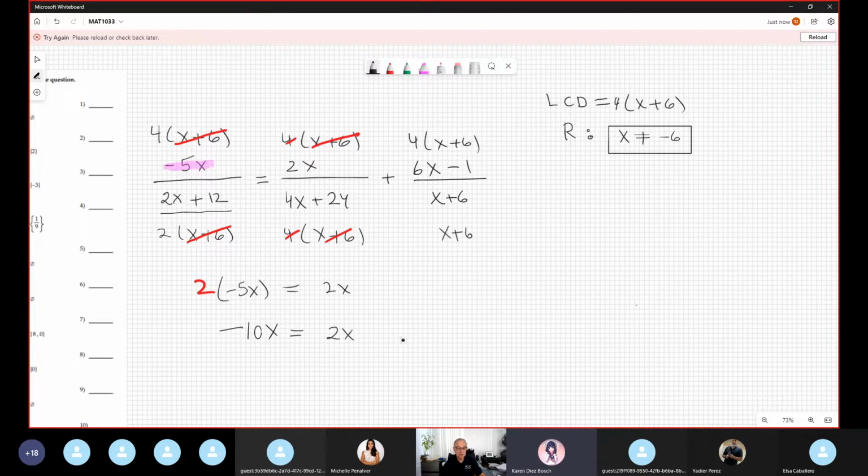It is exactly the expression in the numerator. And the last one, you cancel out x plus 6 and stay alive 4 times the binomial, which is 6x minus 1. So basically it's plus 4 times (6x minus 1). So far, am I doing well or not?